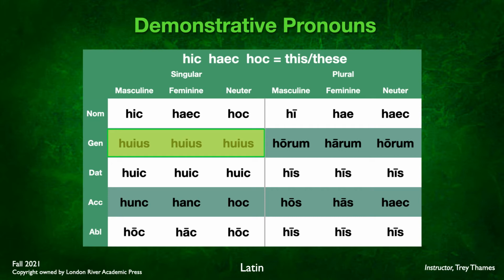And if you notice in the ablative, all three of these, masculine, feminine, and neuter, have a macron over the vowel. So you have hoc, hac, hoc, just to elongate that vowel sound, since it's a long sound, twice as long as you would hold it. So the difference between nominative neuter hoc and ablative neuter hoc is that you just hold it out twice as far.